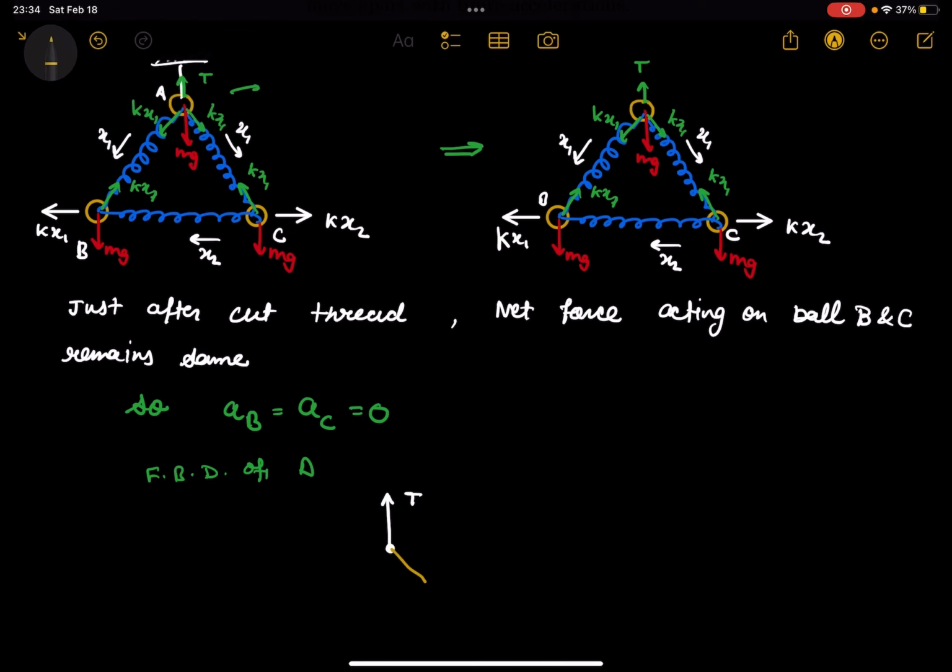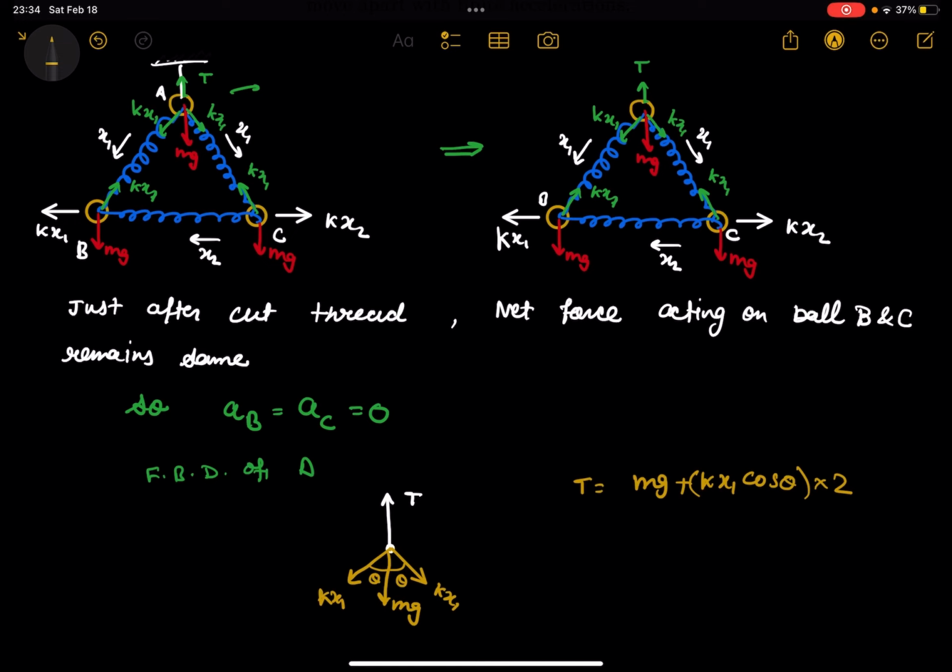Kx1 in this direction, kx1 in this direction, and mg in the downward direction. Is it clear? And this angle is theta, this is also theta. So firstly we can write the tension T is equal to mg plus kx1 cos theta into 2.